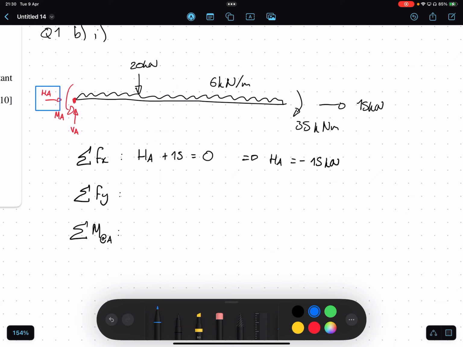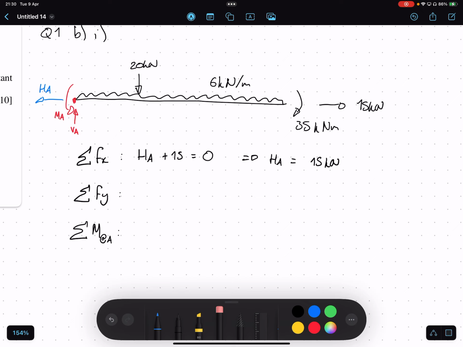So what that means is that we're going to have to remove this, and let's relabel it just for our sanity. HA. And because we've swapped this direction, we can also remove this negative. And that makes sense. In order to keep this in static equilibrium, we want to make sure that our horizontal forces are acting in opposition to each other. So HA is equal to 15 kilonewtons.